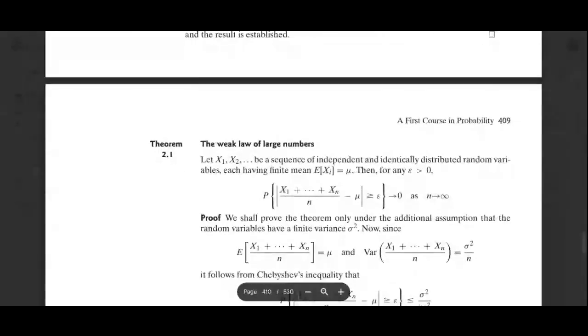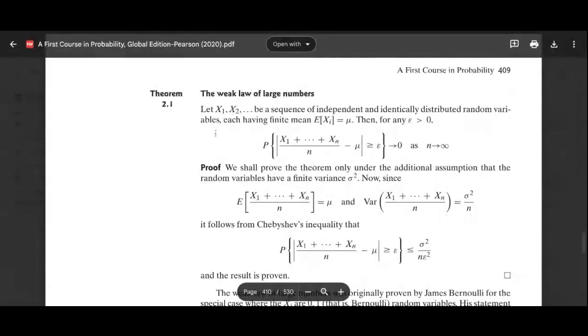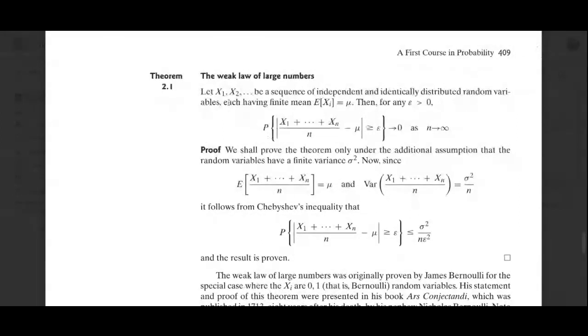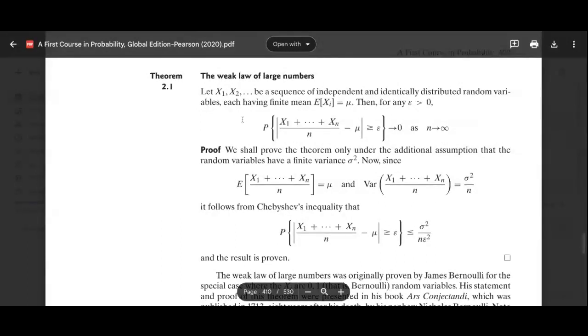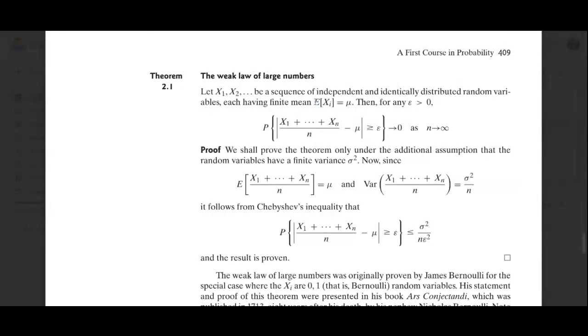All right, so let's see the weak law of large numbers. I have a sequence of independent and identically distributed random variables, each having finite expected value equal to mu.